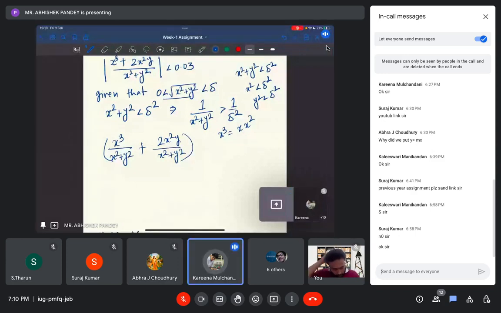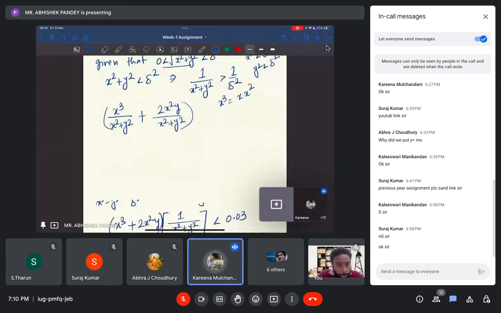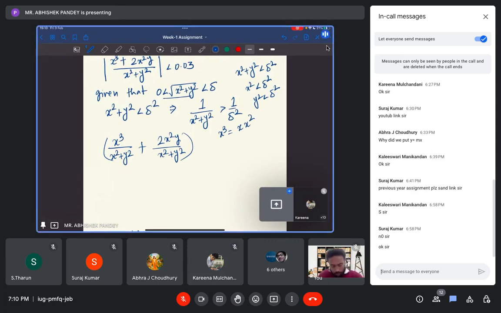Sir, we can also write this as mod of x is less than or equal to delta and mod of y is less than or equal to delta, and solve it that way. Okay, so mod of x is less than delta and mod of y is less than delta. This is what you want to say?